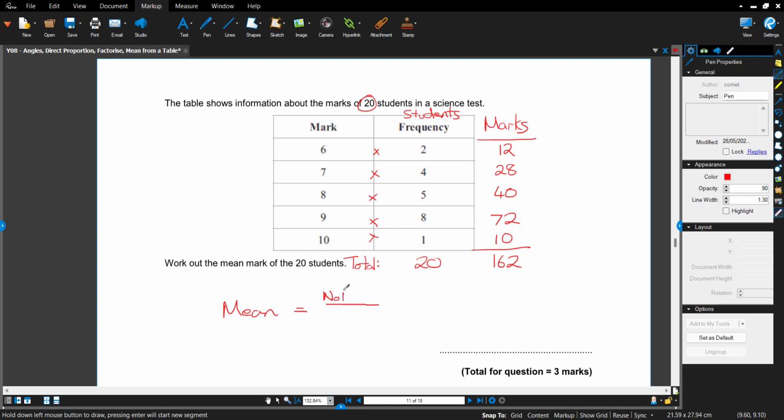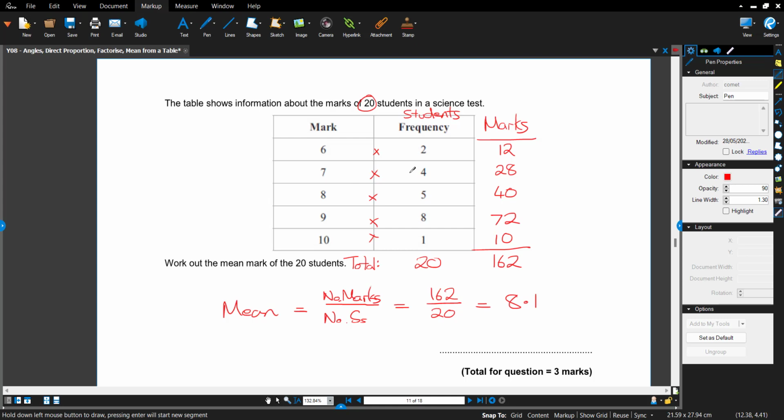The mean is going to be the number of marks divided by the number of students. That's the marks per student. Number of students, I'm just going to write S. So it's 162 over 20, and that equals 8.1. Now let's see, does that make sense? 8.1. Well, let's go to 8. There's a lot of 9s, but there's only 1 10.